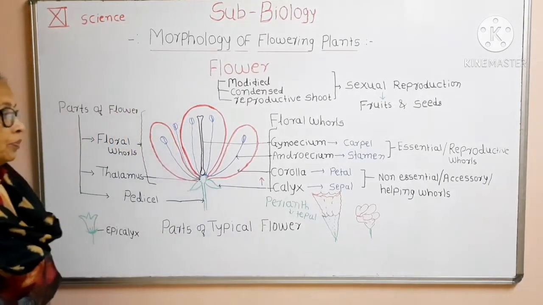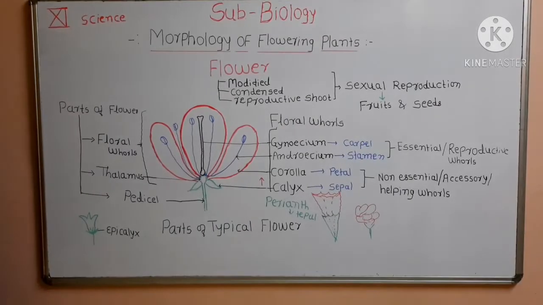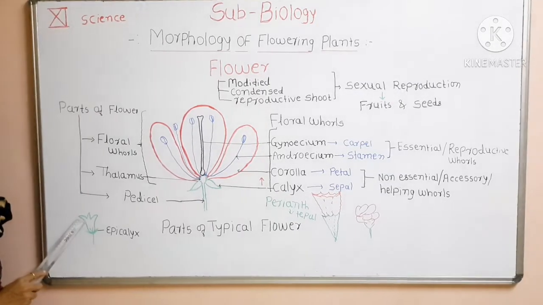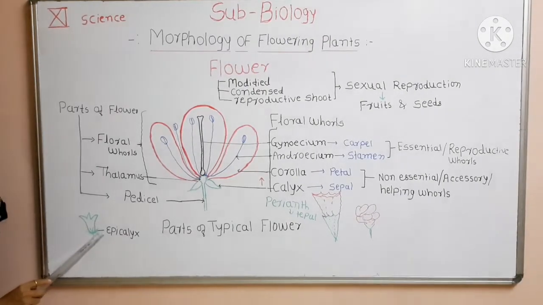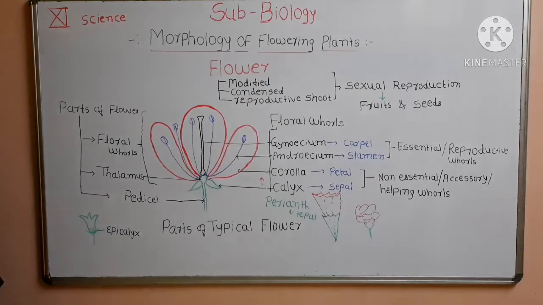Then some calyx-like structure is present below the calyx and is formed by the bracteoles. It is outside the calyx and is formed by bracteoles, and is called the epicalyx.